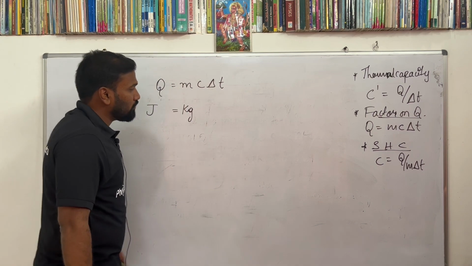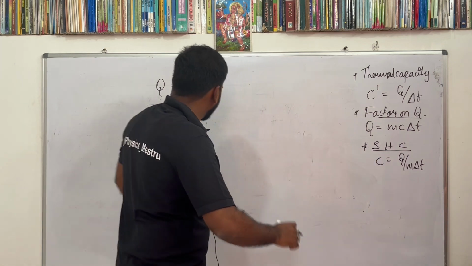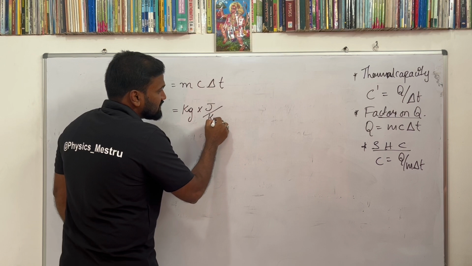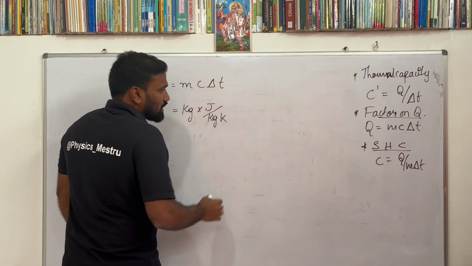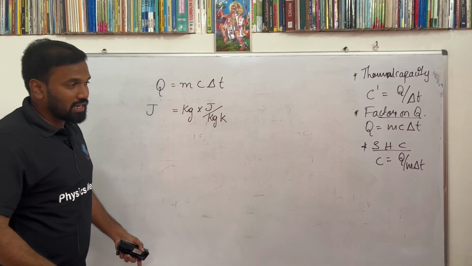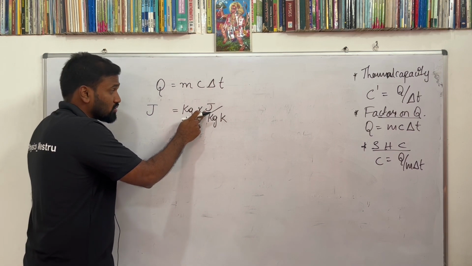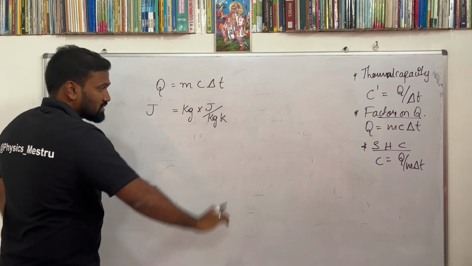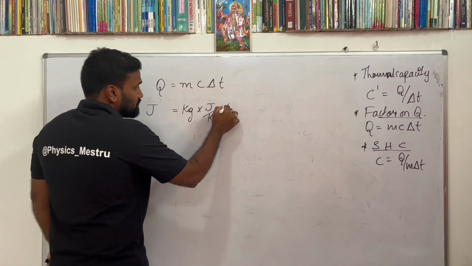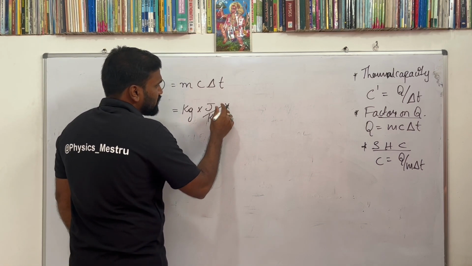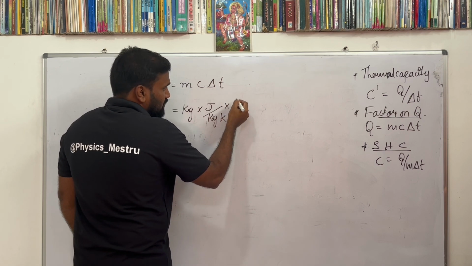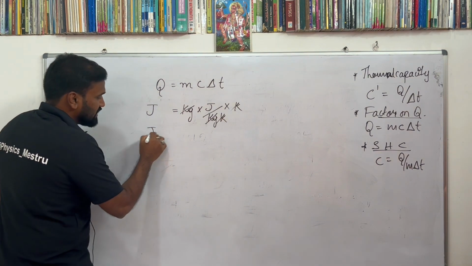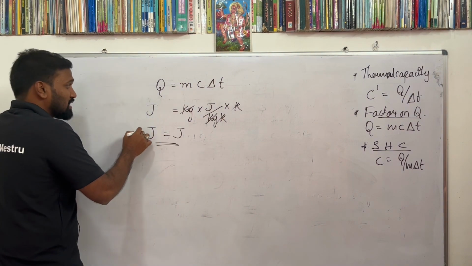The SI unit of specific heat capacity is joules per kg Kelvin. Temperature is in Kelvin. Here we have to take joules because if we considered calorie here, we would have to consider calorie there too. Clear? Kg cancels, Kelvin cancels, hence joules is equal to joules. So the concept is very clear.